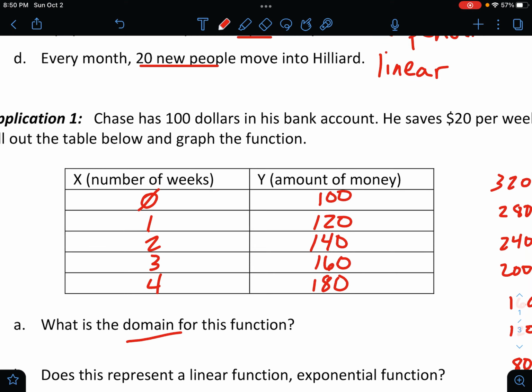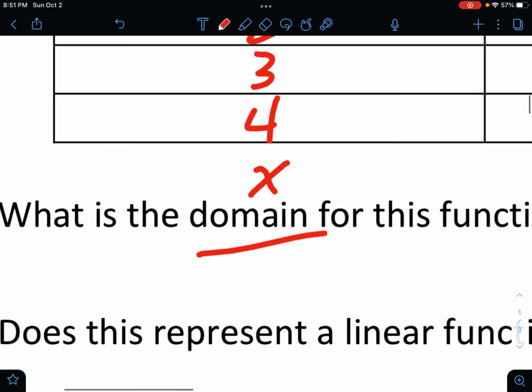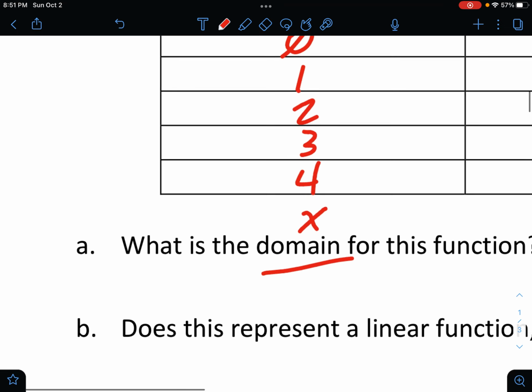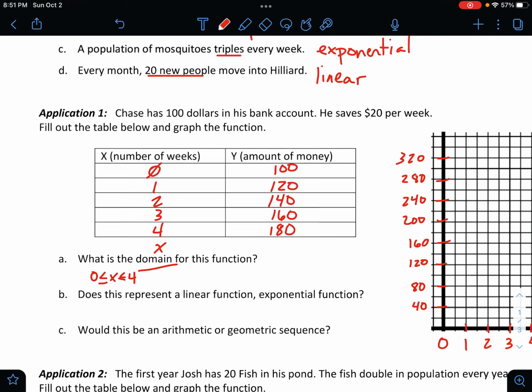So what is the domain for this function? Meaning, what are the x values? Well, this function right now only has 4 weeks involved, and it starts at 0 and goes to 4. So if we're just talking about this, we would say from weeks 0 to 4, including those weeks.